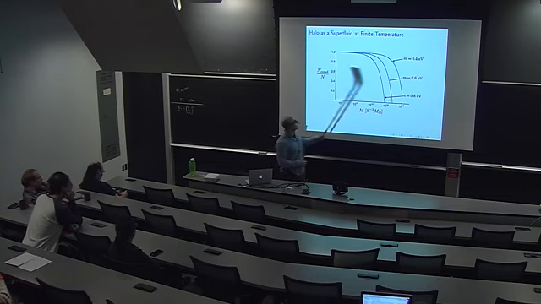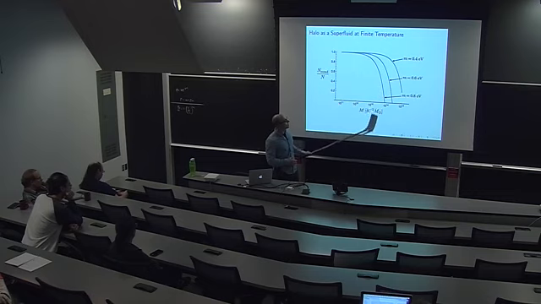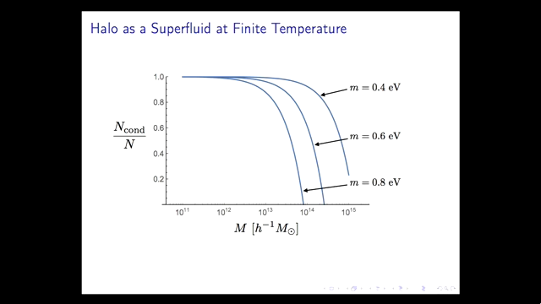So here, as we see, depending on what mass we choose, objects with different mass can be either completely in the condensate, or partially in the condensate and partially excited, or completely excited. For instance, since we are taking m to be about 0.6 electron volt, take Milky Way-like galaxies, let's take the Milky Way somewhere here.